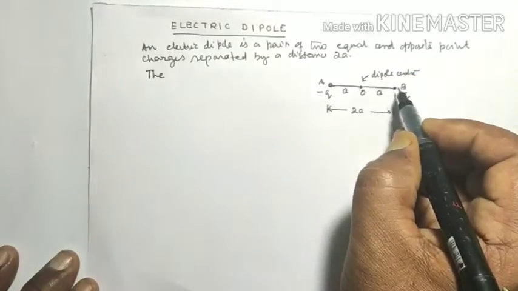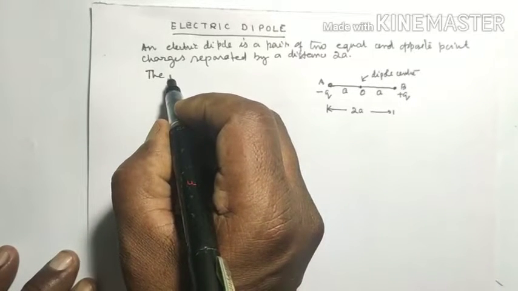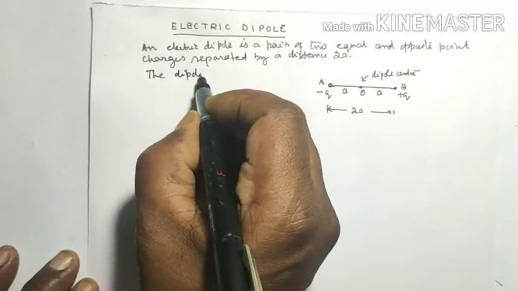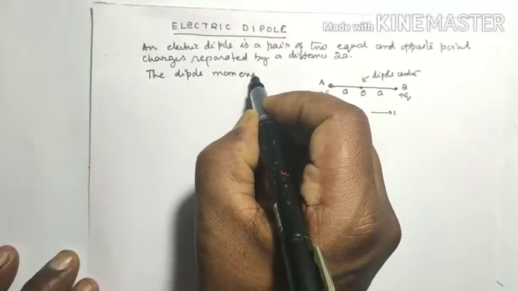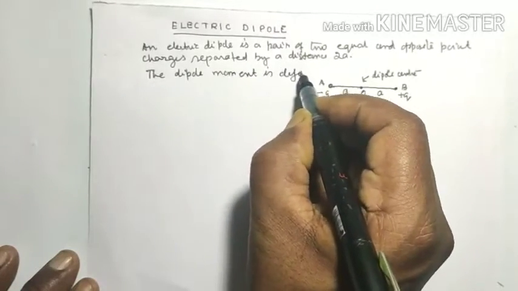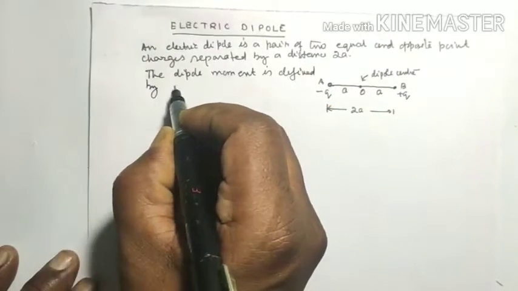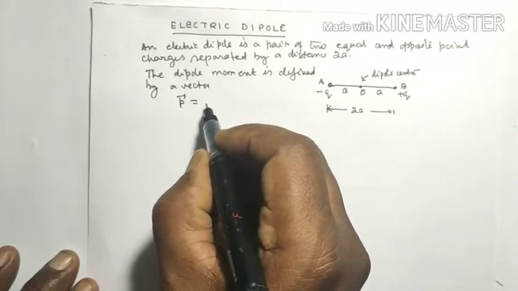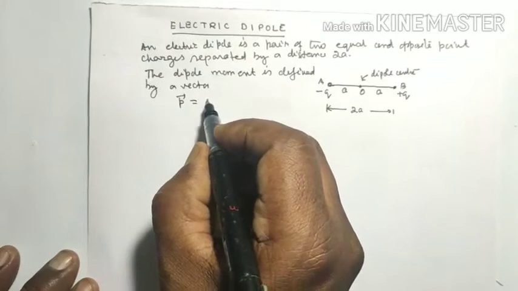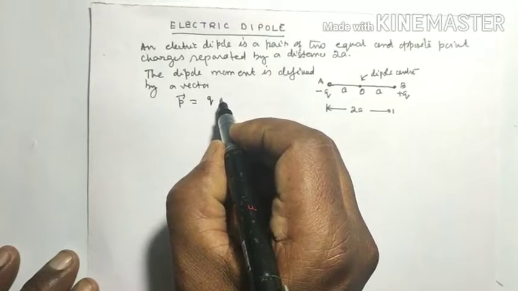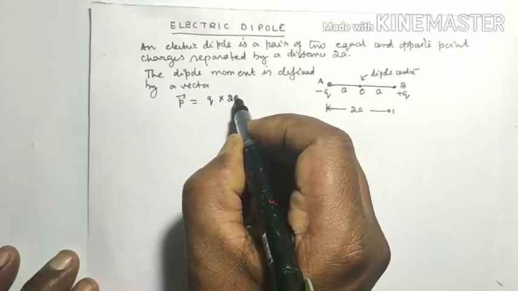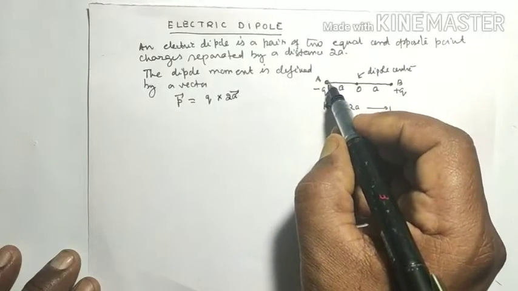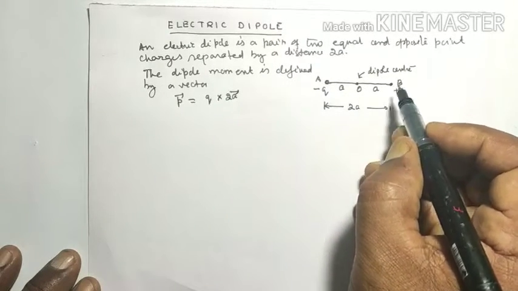The strength of the electric dipole is measured by a vector quantity called dipole moment. The dipole moment is defined by a vector P equal to magnitude of either charge Q into dipole length vector, that is 2a. 2a is the vector that is directed from minus q to plus q.